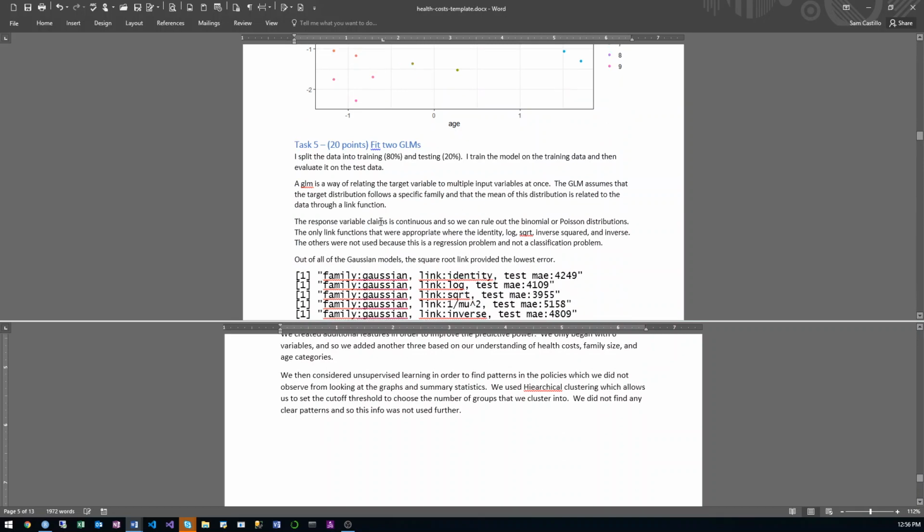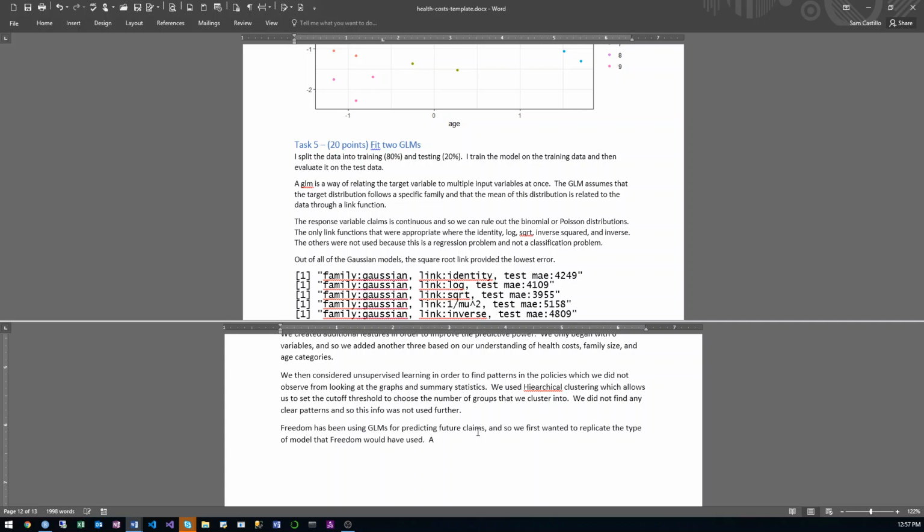Finally, we considered some GLMs. Freedom has been using GLMs for predicting future claims, and so we first wanted to replicate the type of model that Freedom would have used.